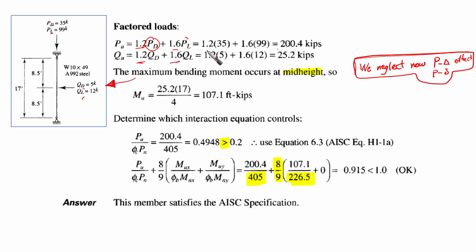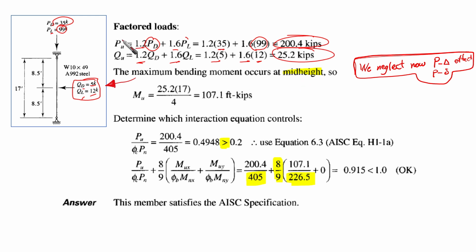So we have 1.2 times 35 and 1.6 times 99 here. This is the axial force. And for the lateral force, dead and live also, it is going to be 1.2 times 5 plus 1.6 times 12 given here. So we have 225. The maximum bending moment occurs at mid height.